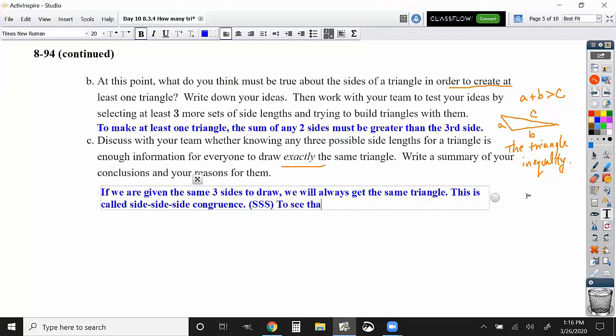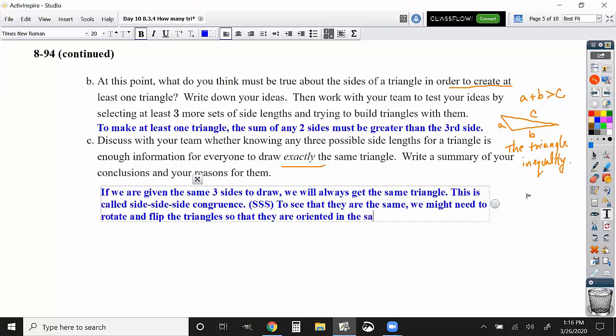To see that they are the same, we might need to rotate or flip, rotate and flip the triangles so that they are oriented in the same direction. There. Okay. So a little bit more about that next year too.